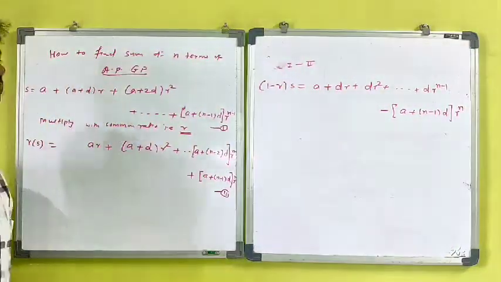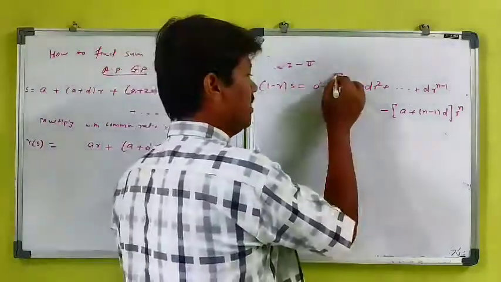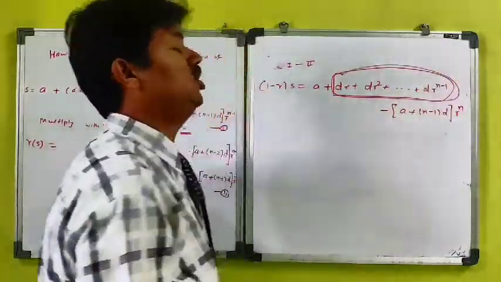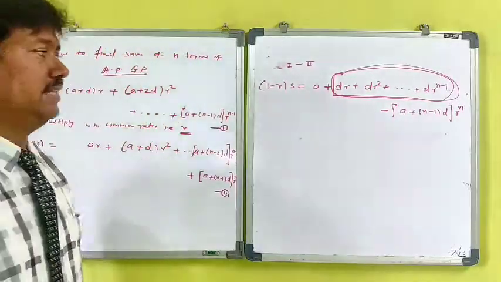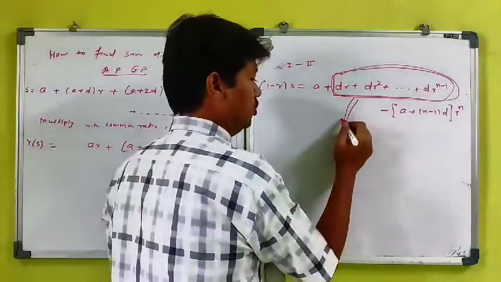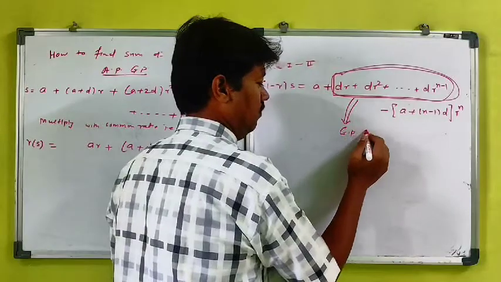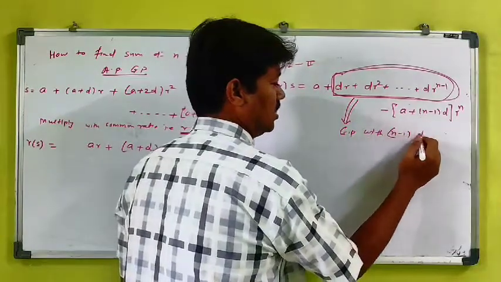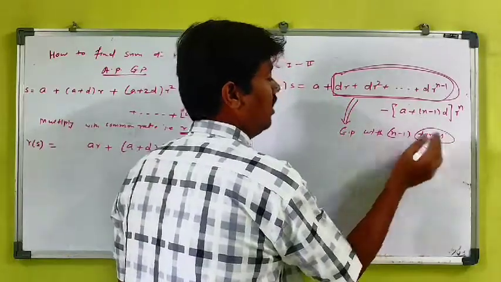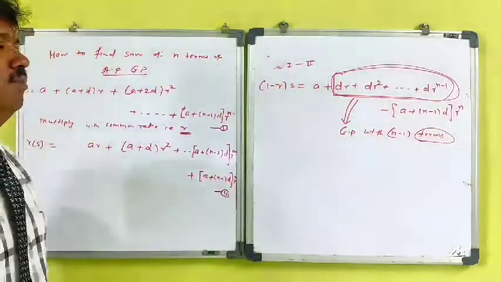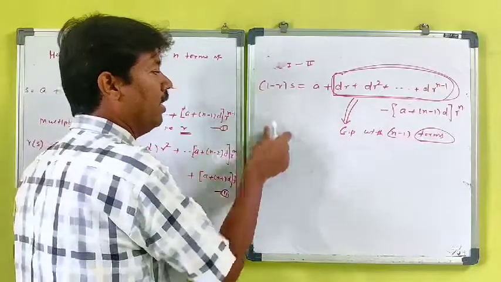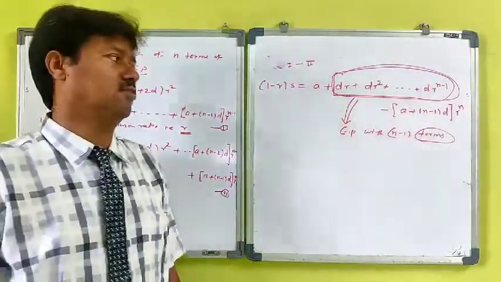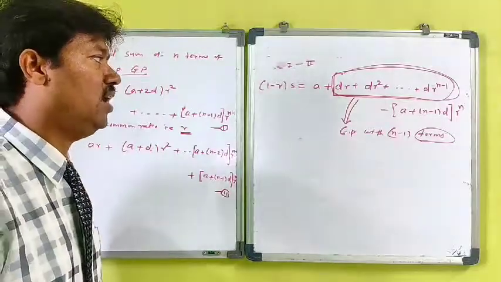And this is nothing but, here we have to use the GP formula for this. This is a geometric progression, a GP with n minus 1 terms. So we have to use the geometric progression formula and then divide by 1 minus R throughout, and that's the final answer for this. So that's very easy.